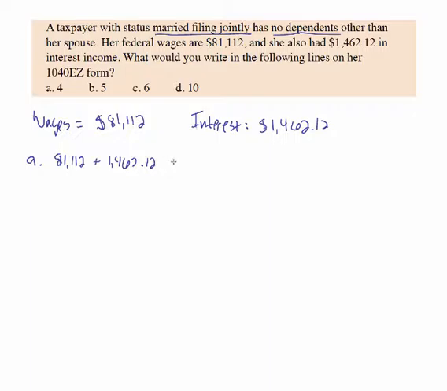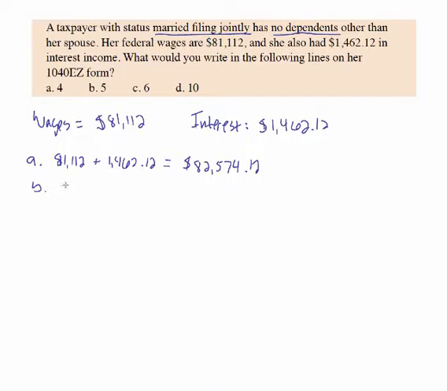Line 3 is unemployment compensation and Alaska Permanent Fund dividends, which evidently didn't happen for this person because we weren't told that it was. So the sum of these two levels of income are going to be the adjusted gross income that goes on line 4, and that amount is $82,574.12.